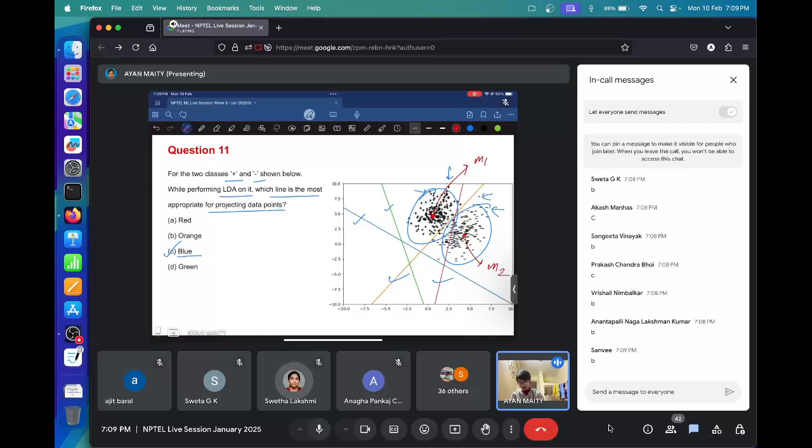LDA projects the points in such a way, or creates derived directions or features in such a way, that the projecting straight line will be parallel to m2 minus m1. So m2 minus m1 vector is this one.